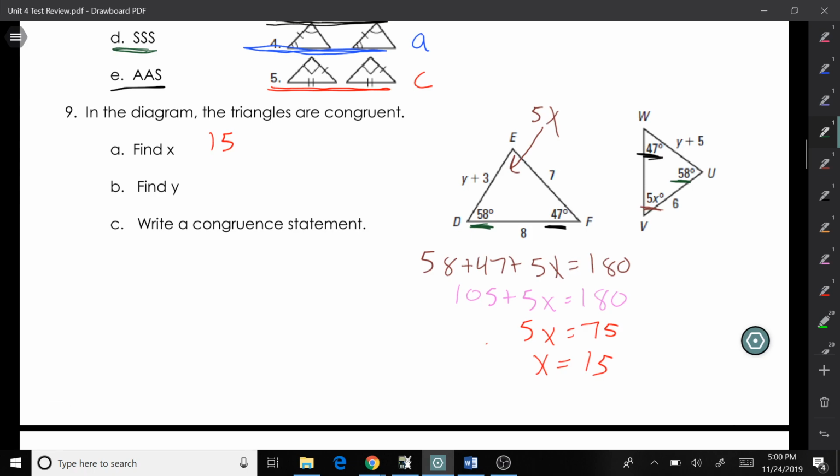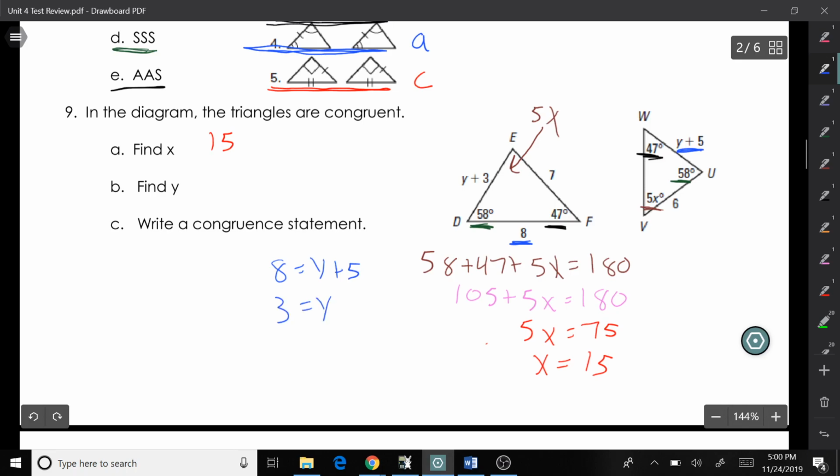So we could say that FD, I have a green and black marking there, FD and WU go together. Or you could say the green and brown side right here, DE, goes with UV. We're going to get the same answer for Y regardless. So I'm going to do 8 is equal to Y plus 5.